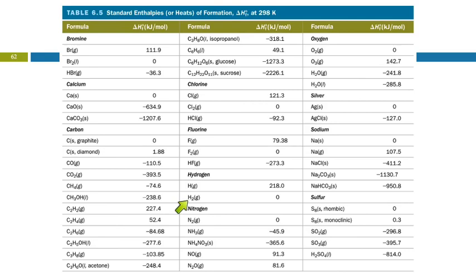H2 is the standard state. And we should know that because hydrogen is one of those diatomic elements. So H2 gas is the standard state for hydrogen, and we already looked at carbon. Its standard state is solid graphite.